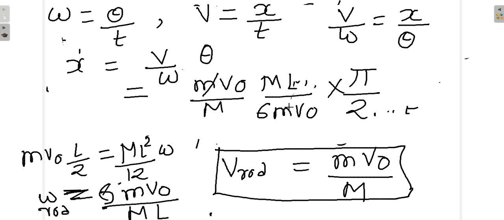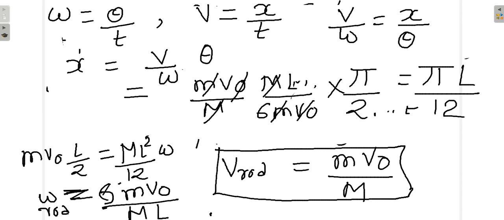So m v0 and capital M will cancel, and the answer will be pi L upon 12. So the distance moved by the center of mass by the time the rod turns through 90 degrees is pi into L upon 12.